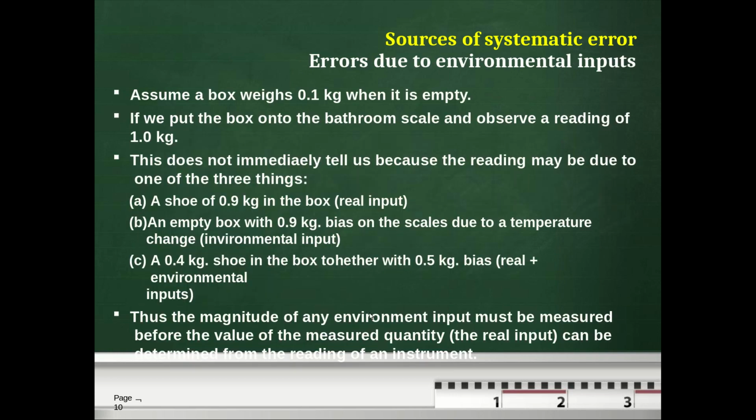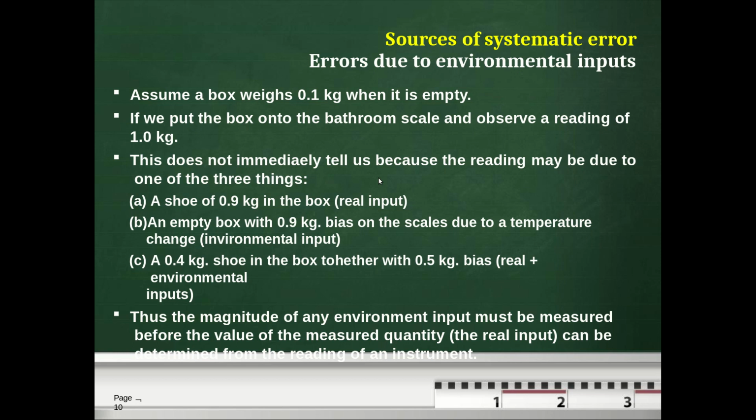Now, error due to environment inputs. Environment inputs may be, for example, assuming a box weighing 0.1 kilogram when it is empty. If we put the box on the bathroom scale and observe a reading of 1 kilo, this is not immediately giving us the exact reading.